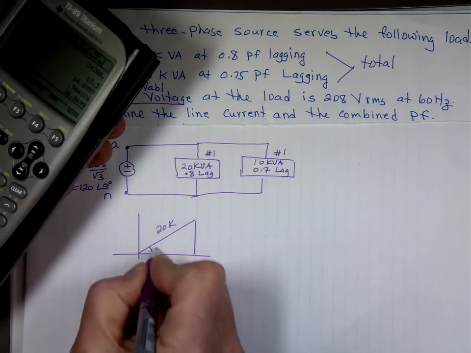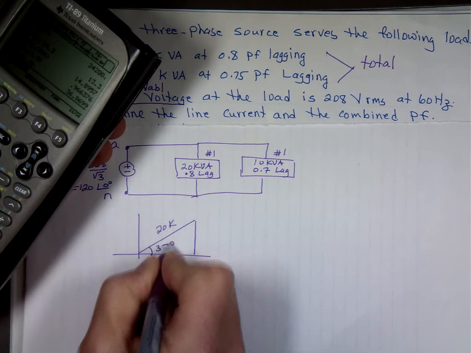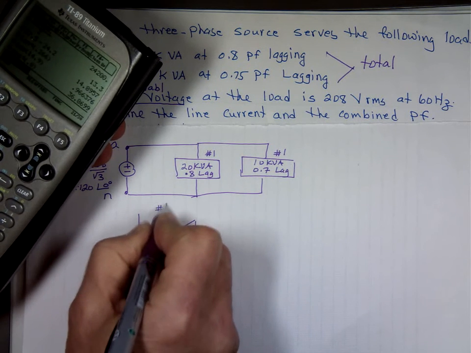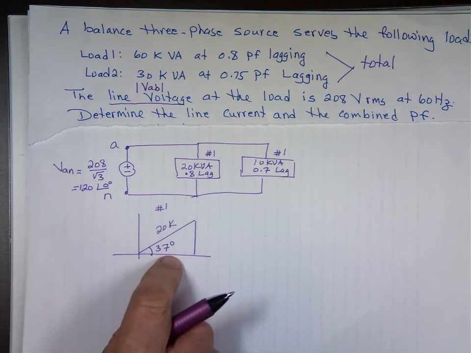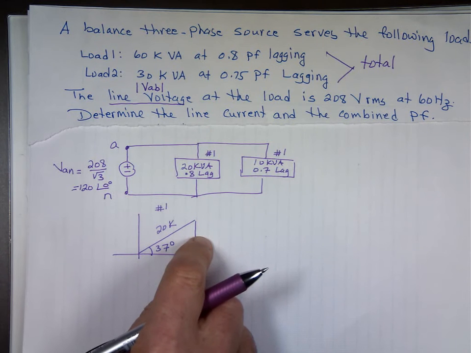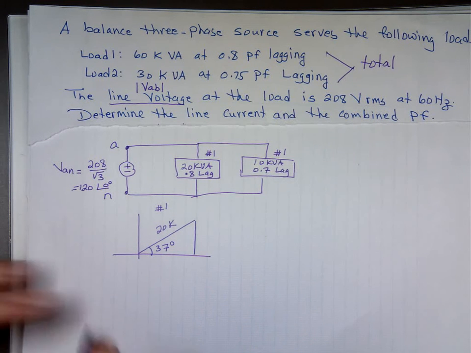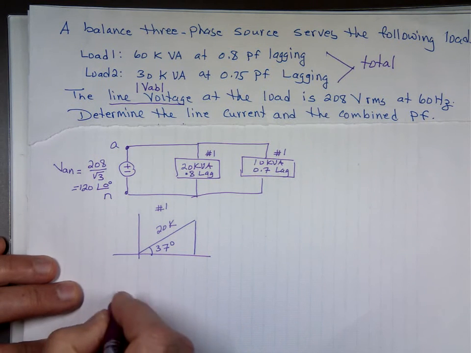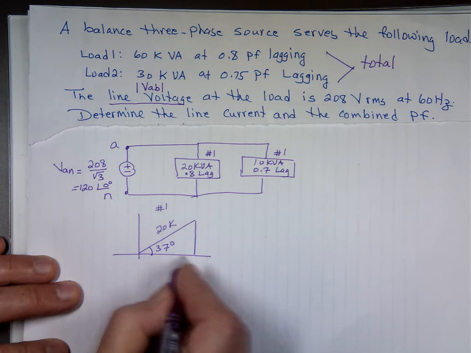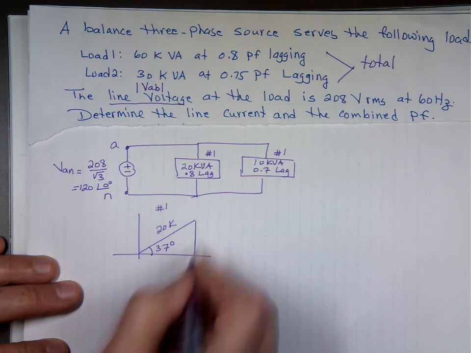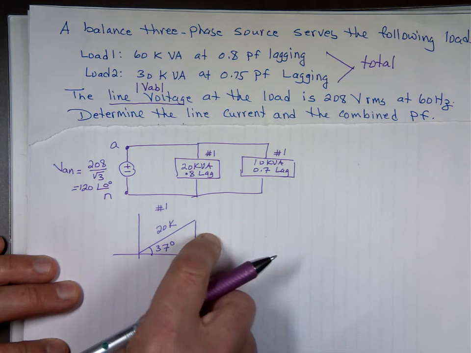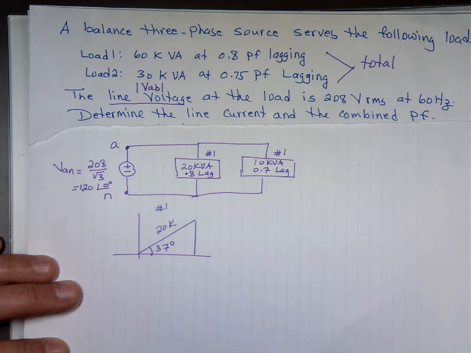That's 37 degrees. This is number 1. So I can find this value and that value because I need the complex power, S. This portion is the real power, and that's Q, the imaginary power. That's the average power, and that's the VAR.